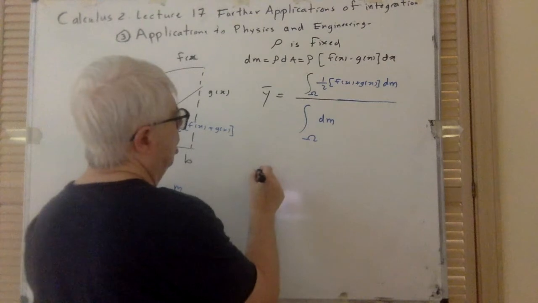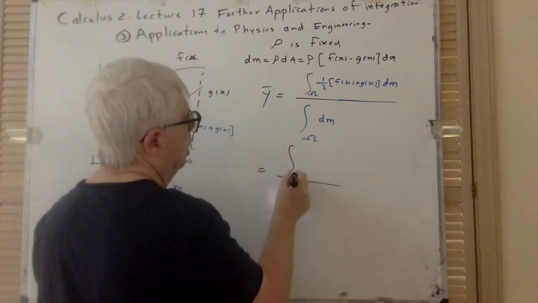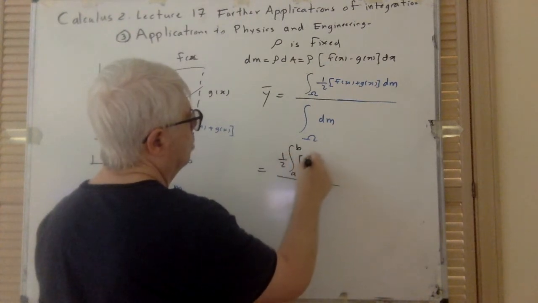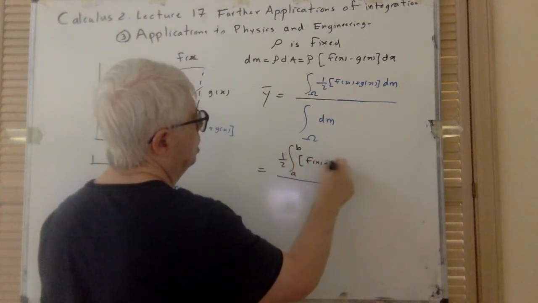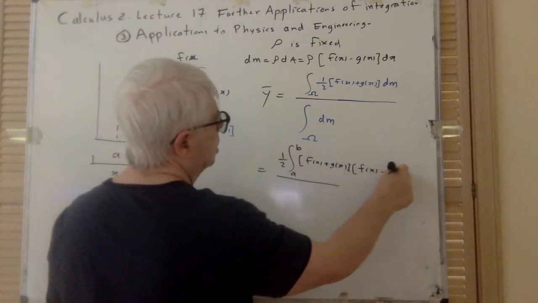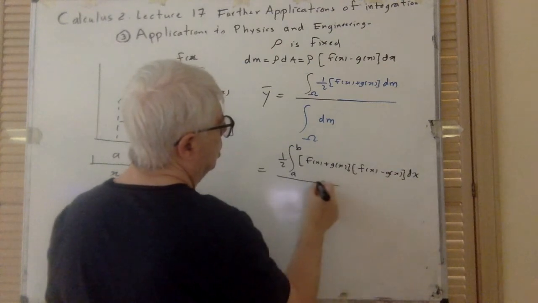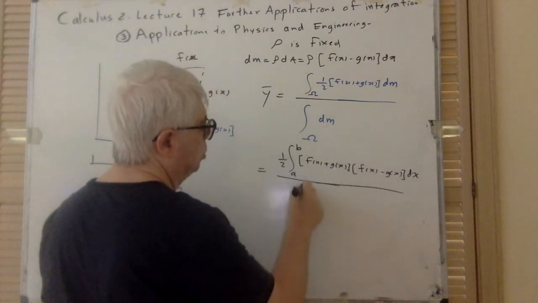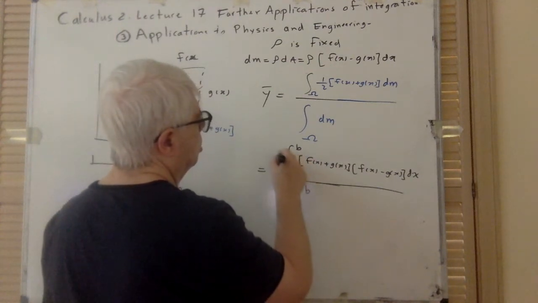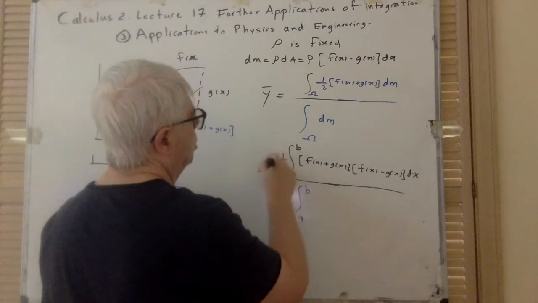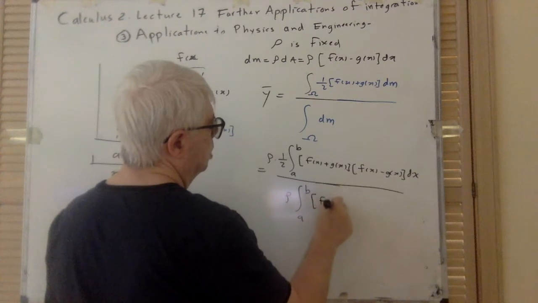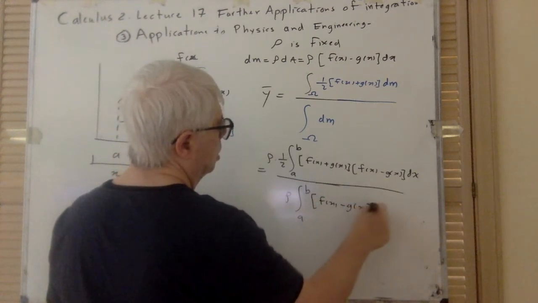Again, it is on x, so it is a to b, let's put 1/2 here, and I have f(x) plus g(x) times f(x) minus g(x) dx, and the denominator is simply the integral from a to b of rho times 1/2... rho, and the denominator is simply f(x) minus g(x) dx.